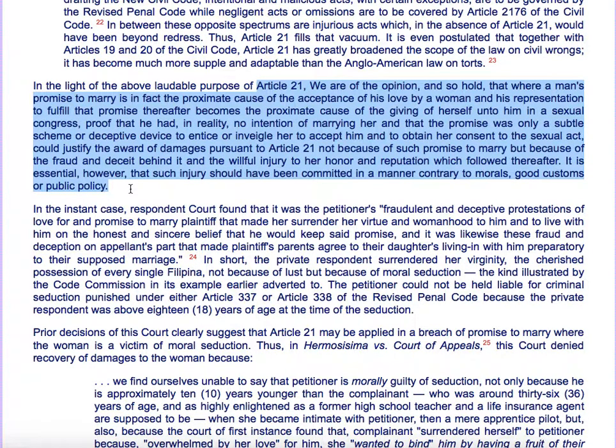sinabi ng Supreme Court that breach of promise per se is not actionable. But because if the promise to marry became the proximate cause of giving herself unto him in sexual congress when in reality he had no intention of marrying her, or if the promise was just to seduce her, then such injury has been committed contrary to morals, good customs, and public policy.